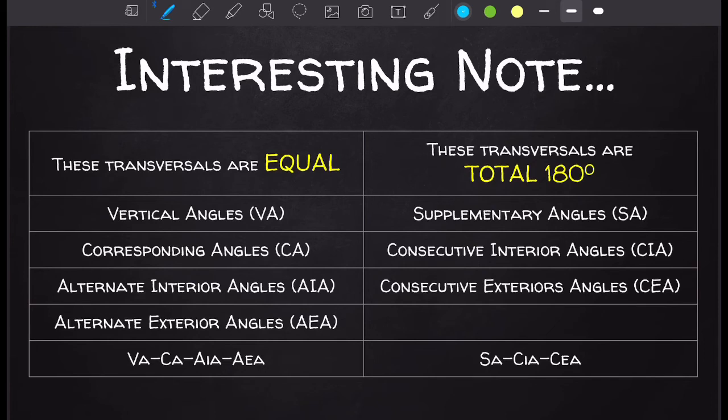And these angles, on the other side, total 180. They're called SA, supplementary angles. SIA, consecutive interior angles. SEA, consecutive exterior angles. So all consecutive angles, 180. All alternate angles, equal. Remember that.